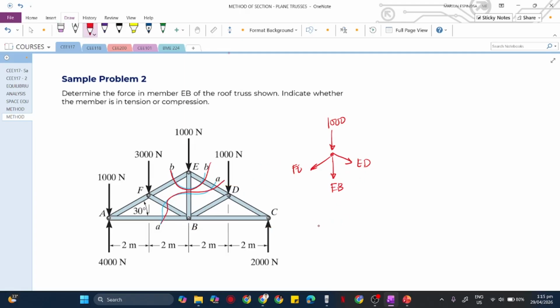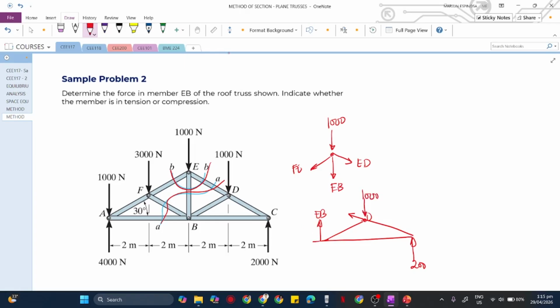So I'll make a new free body diagram. We have our EB here, and then we have C, with 200 there, and then D, like this. Okay, hold on. We have D here, and this is equivalent to 1,000 also.